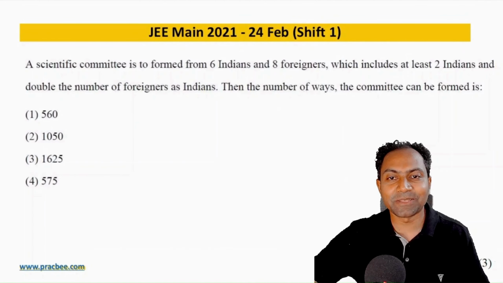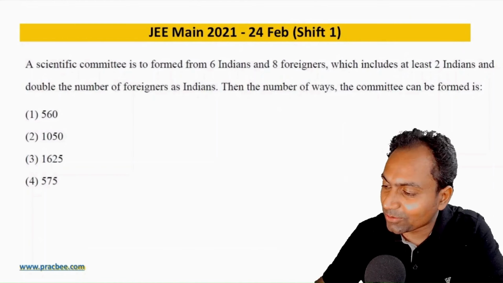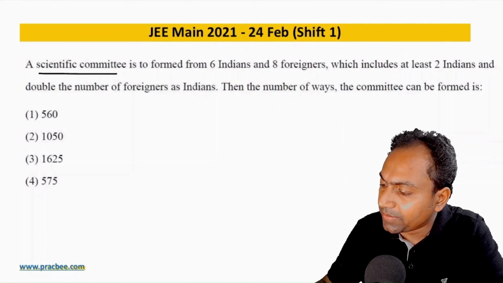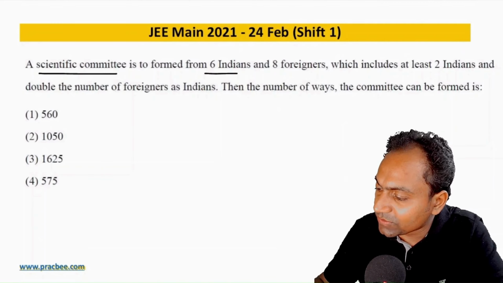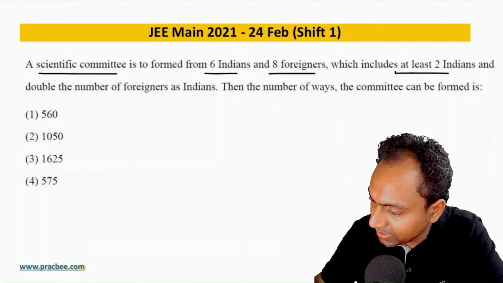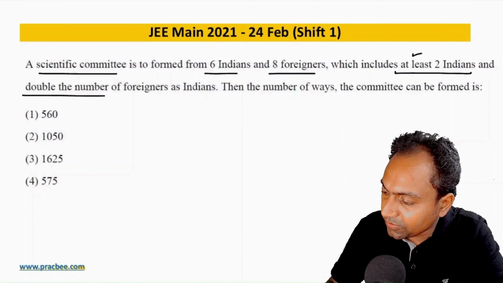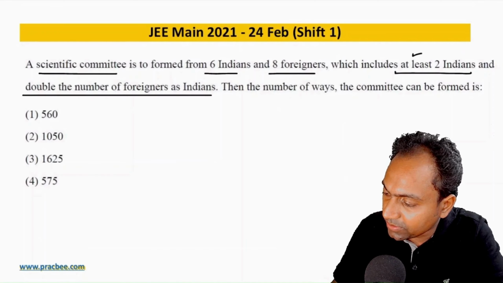Now this extremely simple question came in 2021. Question talks about making a scientific committee in which out of 6 Indians and 8 foreigners, at least 2 Indians need to be included, and double the number of foreigners as Indians need to be included.